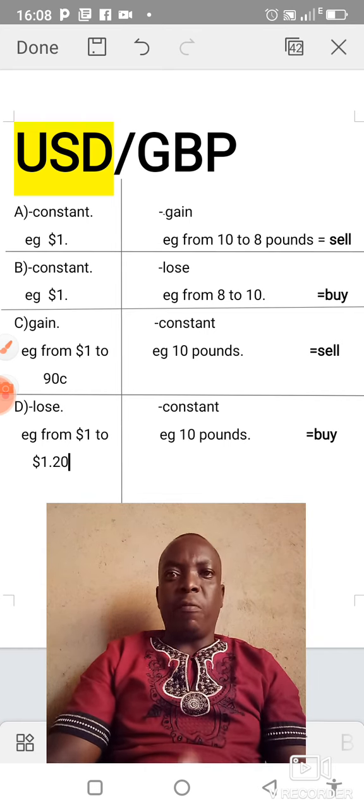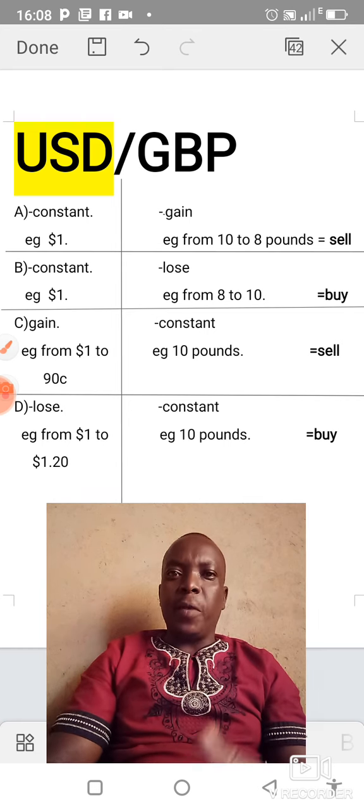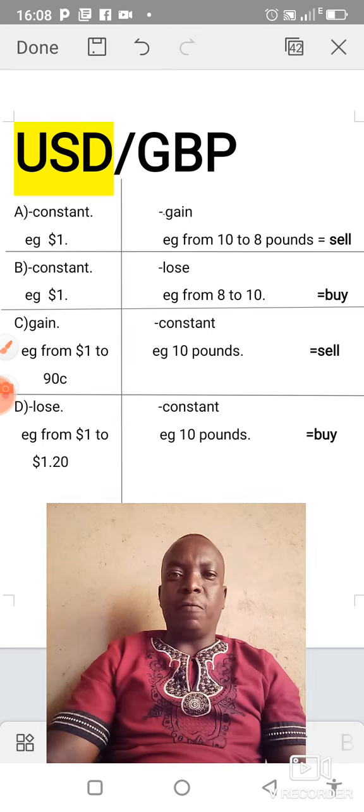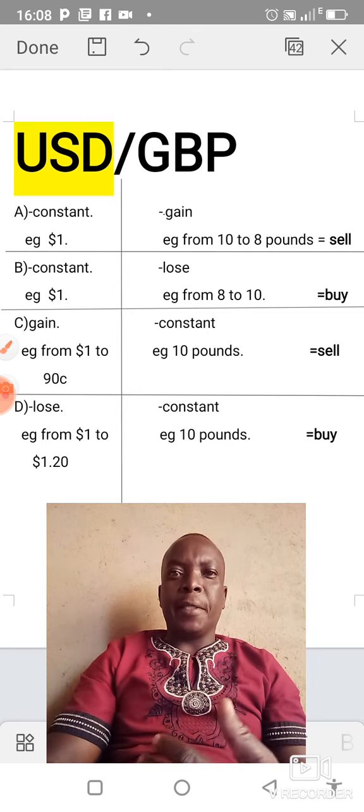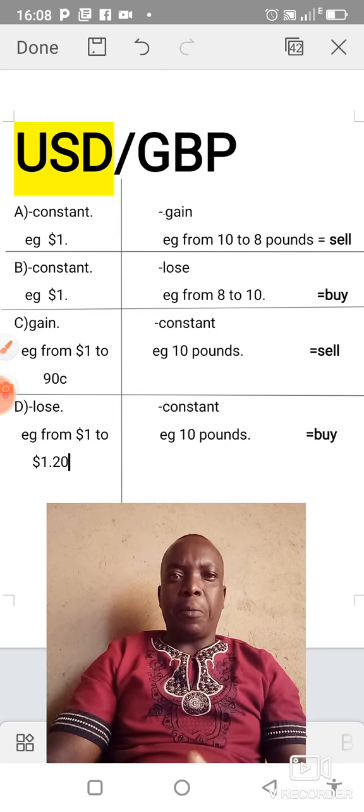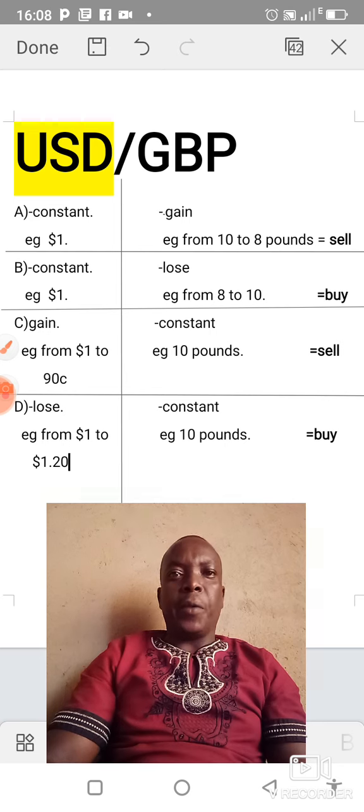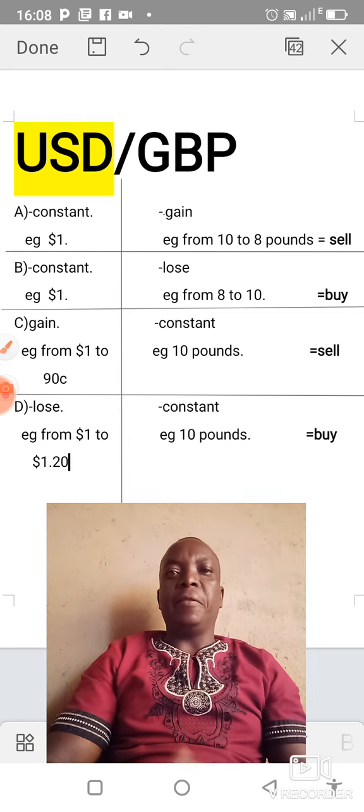Let me kick off with the first scenario, A. The USD, our base currency, is constant in value at $1. Our quote currency, the Great British Pound, has gained in value. Initially you were supposed to pay 10 pounds for a single dollar, and now you are paying 8 pounds for a single dollar, which means the Great British Pound has gained in value.